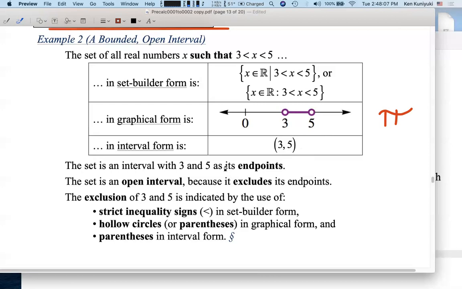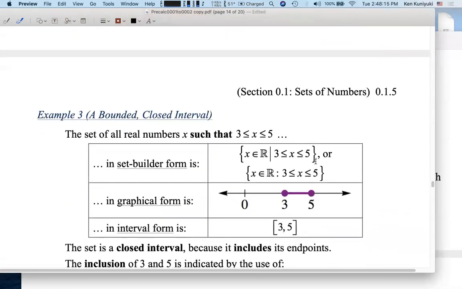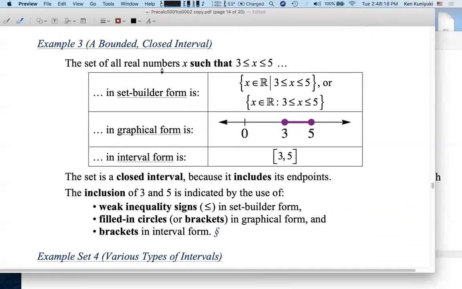All right. Now what happens if we close this off, if we include the endpoints? Then we have a bounded closed interval. The set of all real numbers x such that x is weakly between the two numbers 3 and 5. So 3 and 5 are fair game in this set. They're elements of this set. In set builder form, it's the set of all x in the reals such that x is between 3 and 5 inclusive. The set includes 3 and 5 themselves.